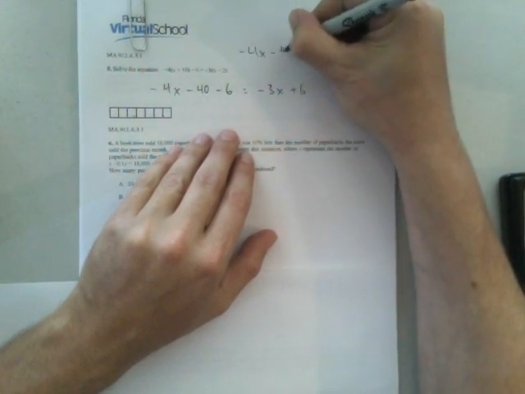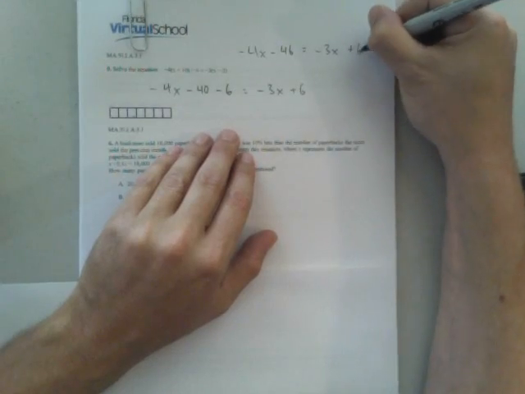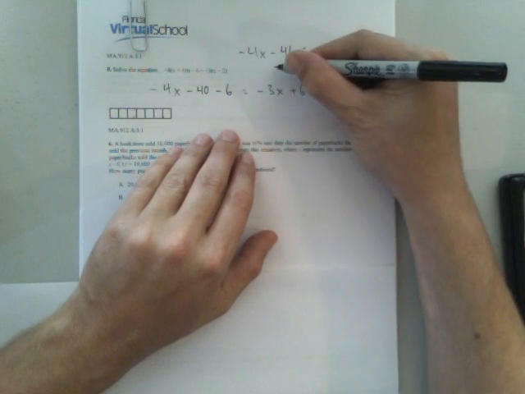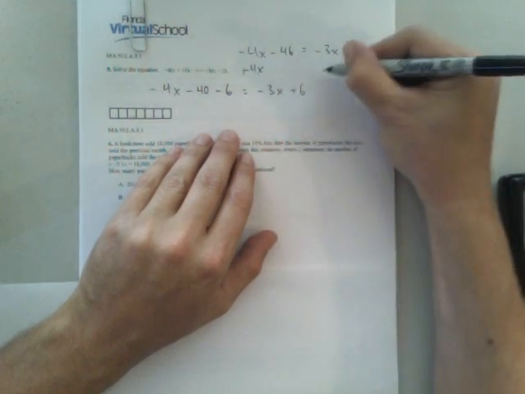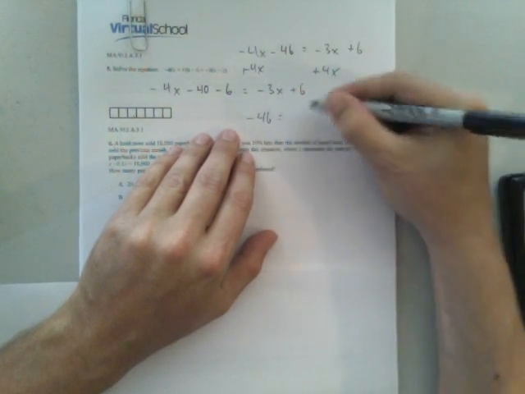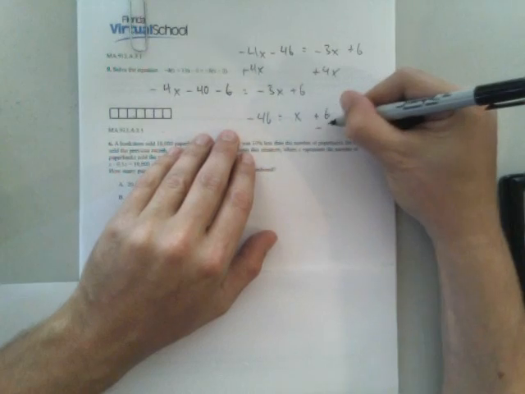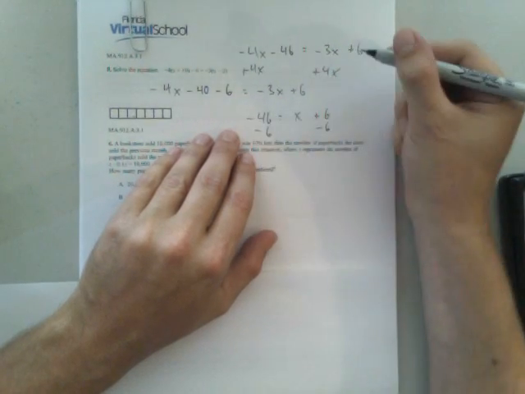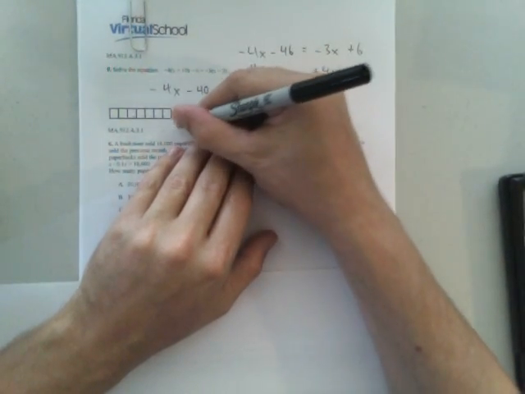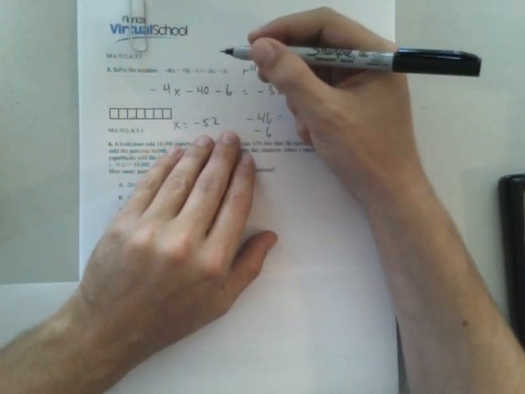This is negative 4x minus 46 equals negative 3x plus 6. I'm going to add my 4x to both sides. I'll get negative 46 equals x plus 6. Subtract a 6. Subtract a 6. X equals negative 52.